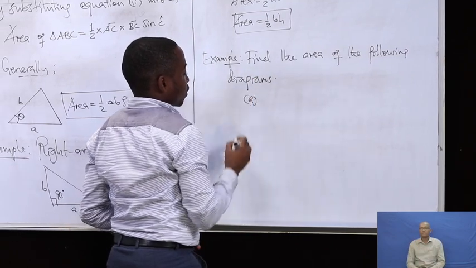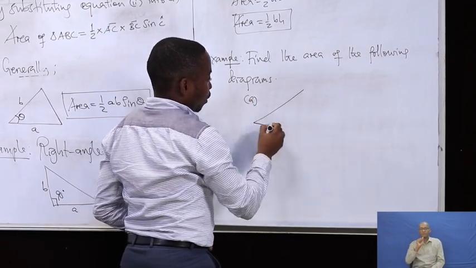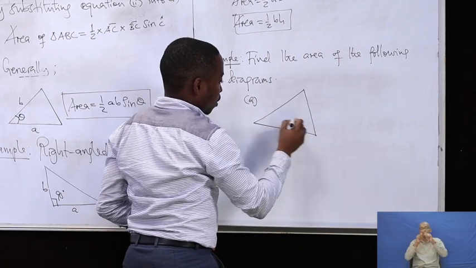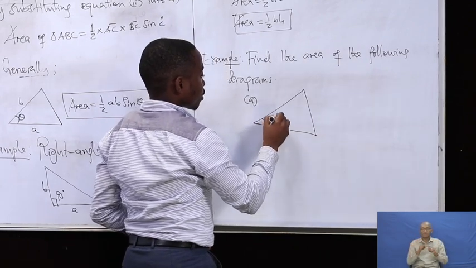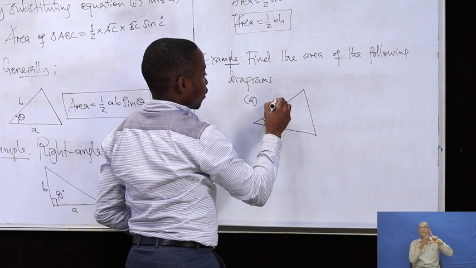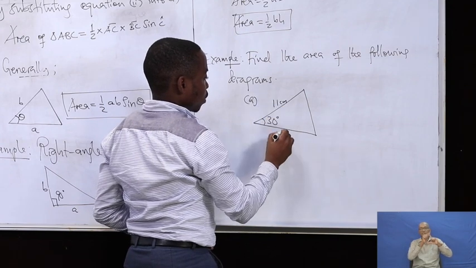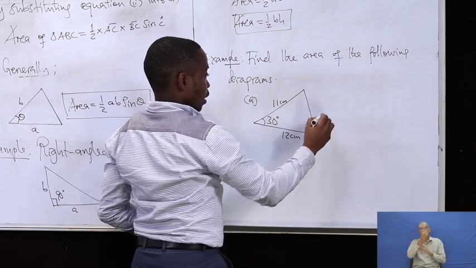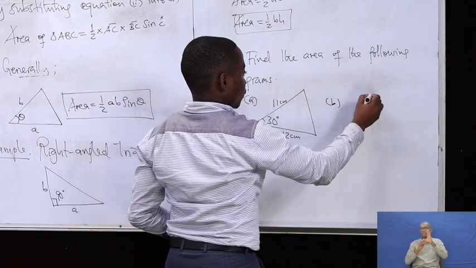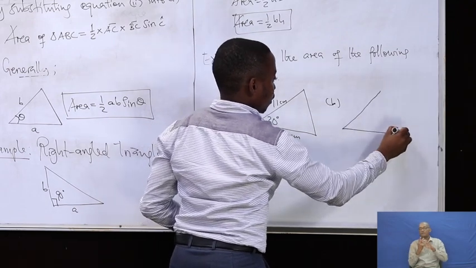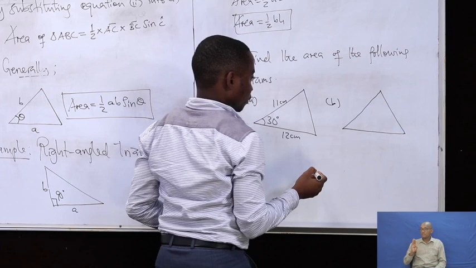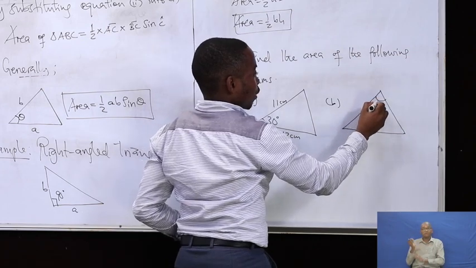Diagram A, we have a triangle like this one. Here it is 30 degrees. Here it is 11 centimeters, and this one is 12 centimeters. Diagram B, let's say you have your triangle, this one. Here you have 45.